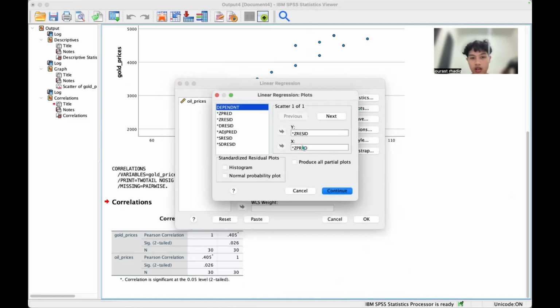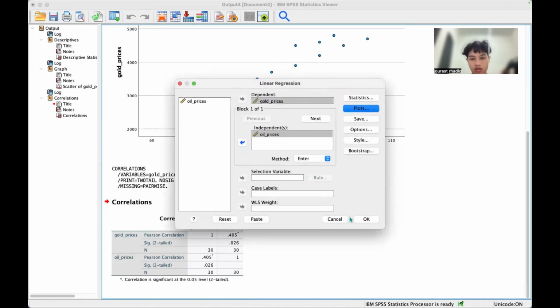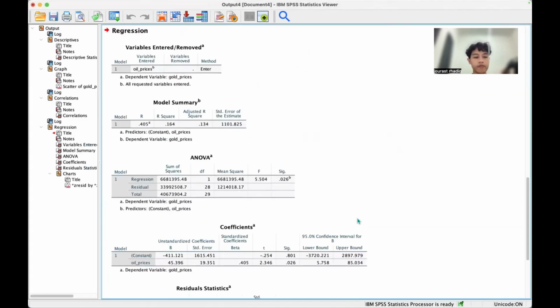And for the plots, you put the spread on the x-axis, and then the residual on the y-axis. Then you press continue and press OK.